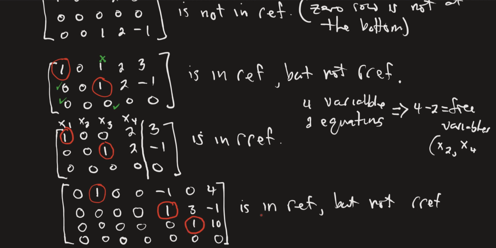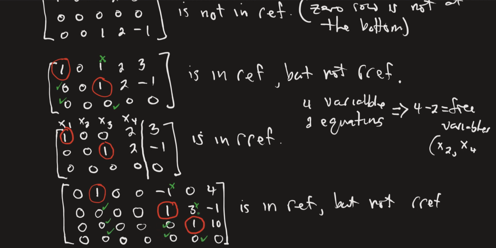The reason why it's not in RREF, you might want to take a guess, is because of this entry and this entry. In a column that has a pivot, all the entries below have to be 0, so those pass the test.